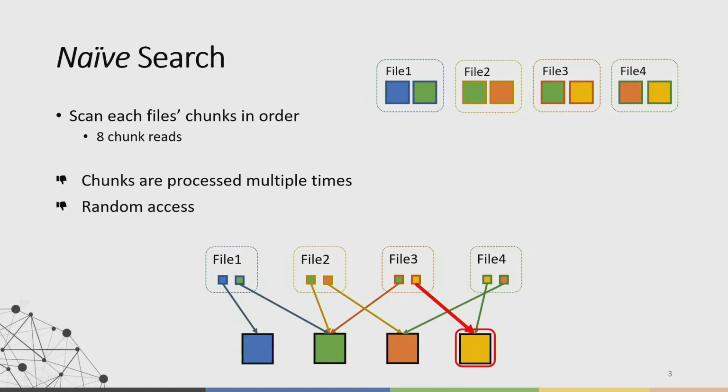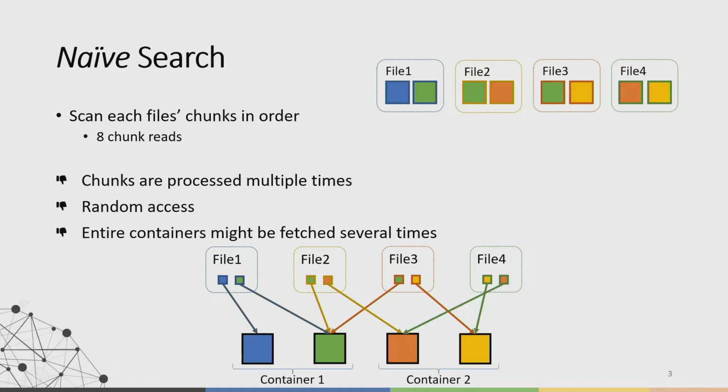It goes back and forth, which means that we have a lot of random access, which is very expensive. Last, we need to keep in mind that the chunks are stored in containers, meaning every time we want to fetch a chunk, we have to fetch the whole container, meaning that entire containers might be fetched several times, which is very expensive and not necessary again.